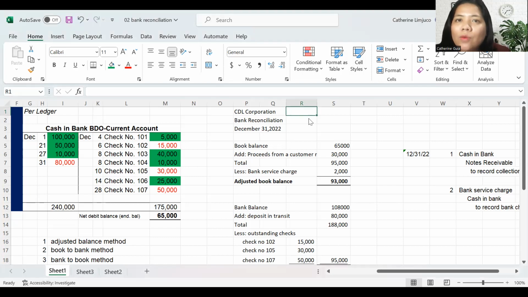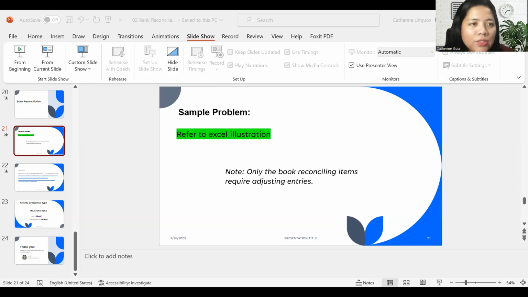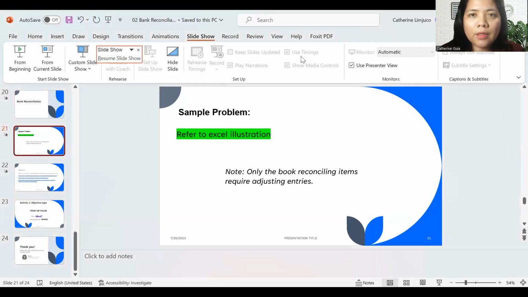By the way, I forgot we have an activity after this. So if you have time, you can answer our objective type activity. Let me share.